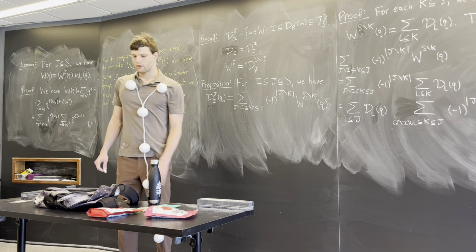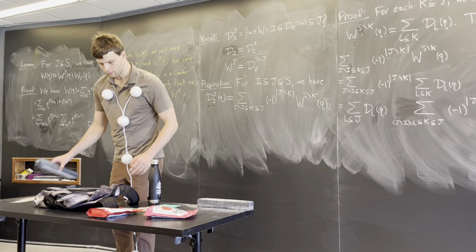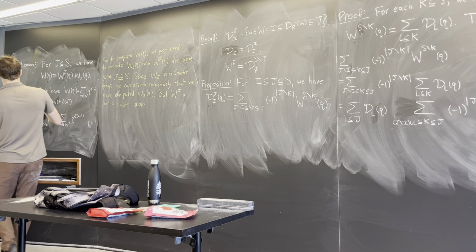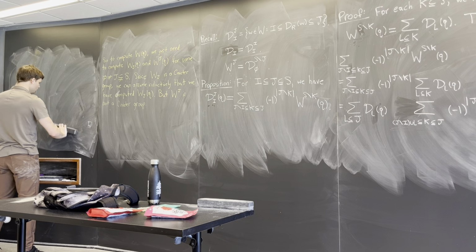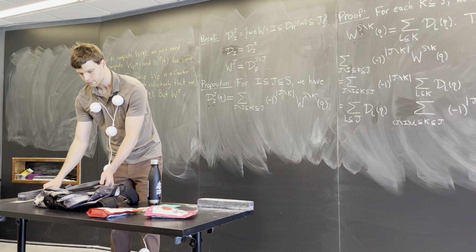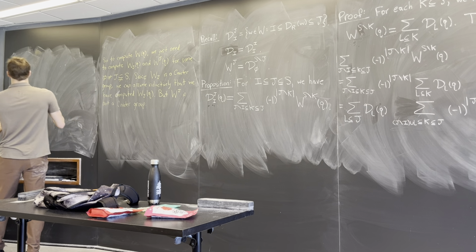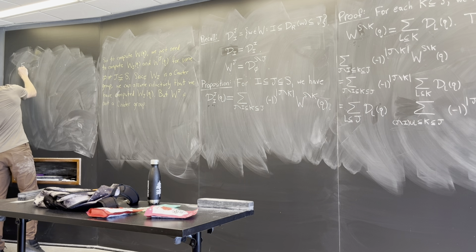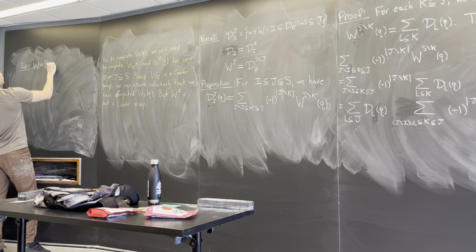So one reason this corollary is nice is because it actually allows us to compute W of q. So I'll give an example. Say I want to compute it in the case when W is the hyperoctahedral group B2.